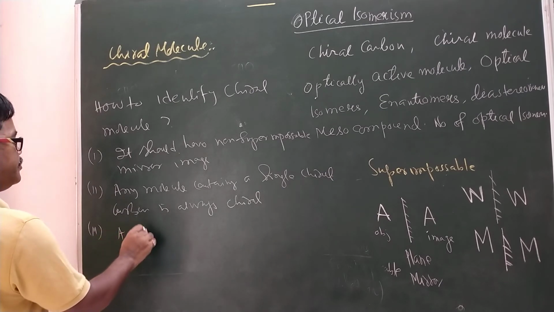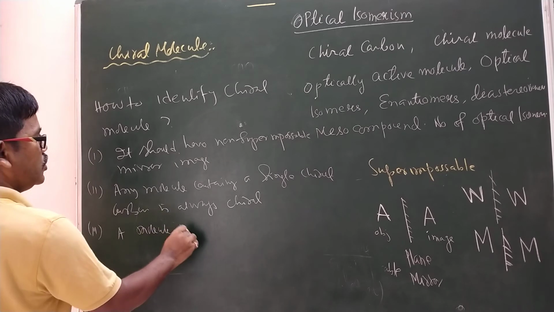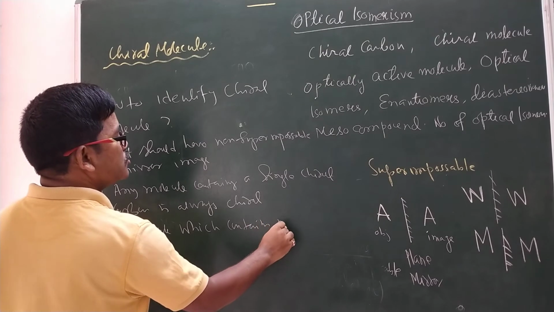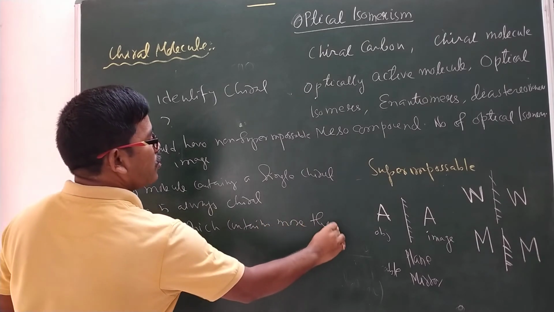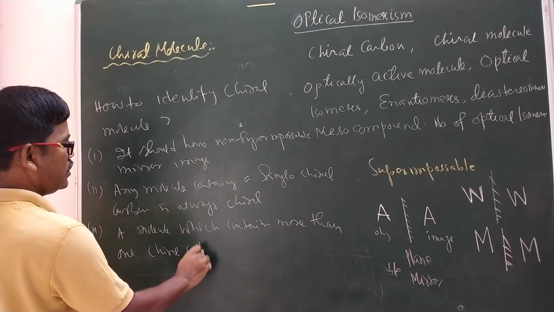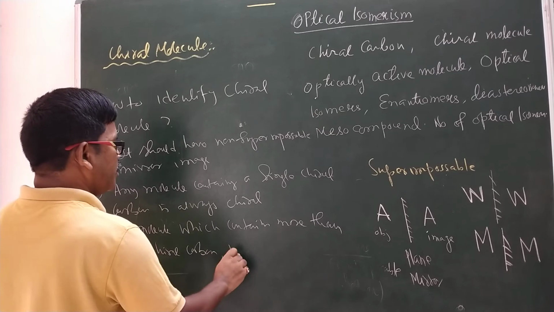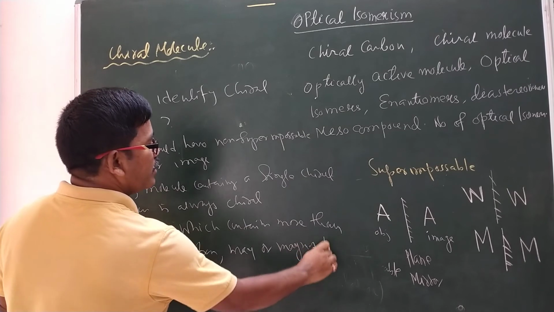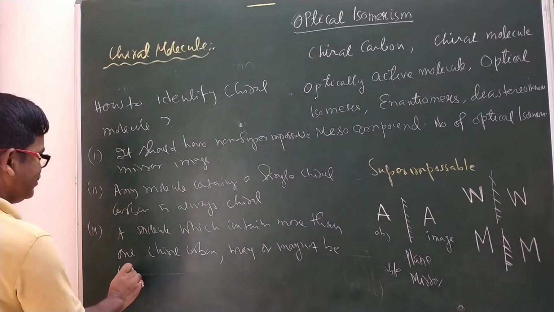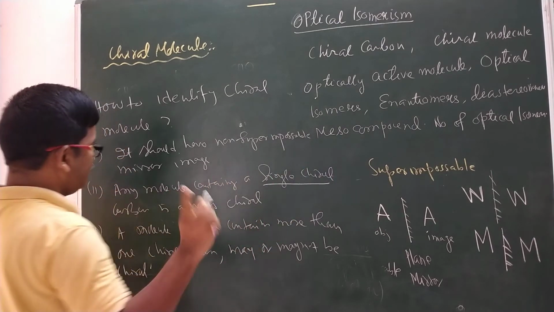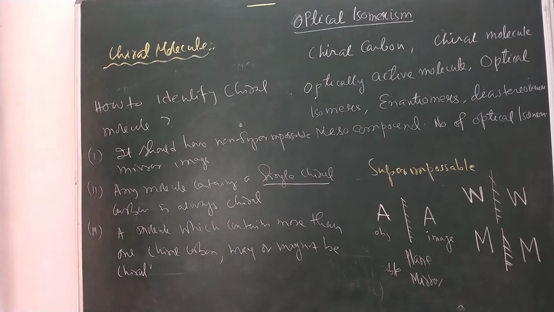A molecule which contains more than one chiral carbon may or may not be chiral. A molecule which contains a single chiral carbon is always chiral, but a molecule which contains more than one chiral carbon may or may not be chiral.